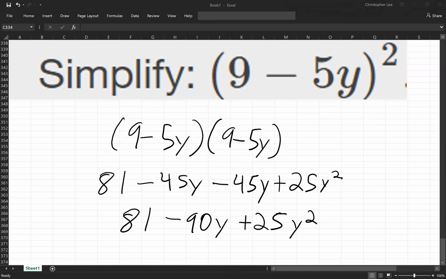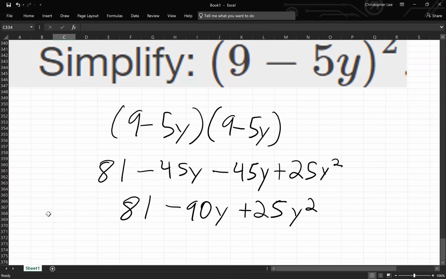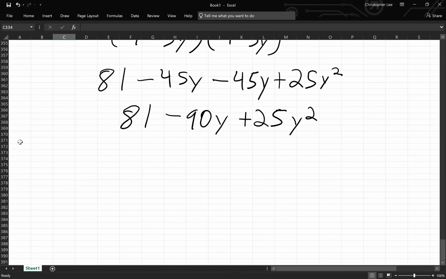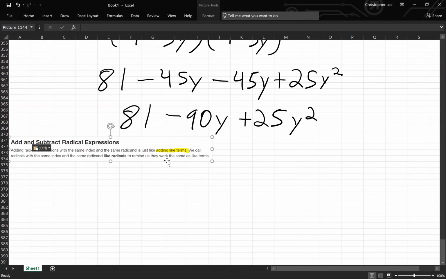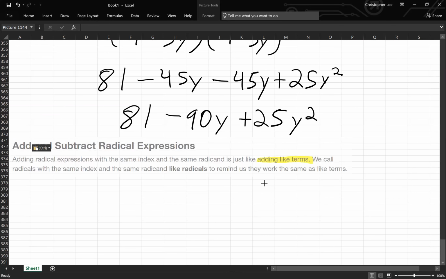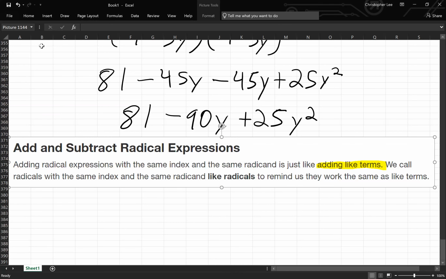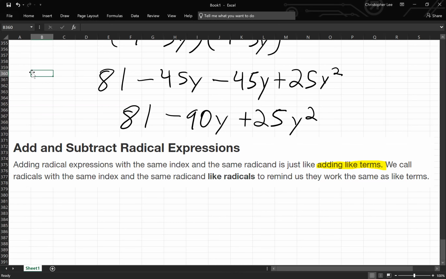All right, so let's look at what we're getting into today, which you guys probably saw from the homework. We're going to add and subtract radical expressions. Adding radical expressions with the same index and the same radicand is just like adding like terms. So we call radicals with the same index and the same radicand like radicals to remind us they work the same as like terms.